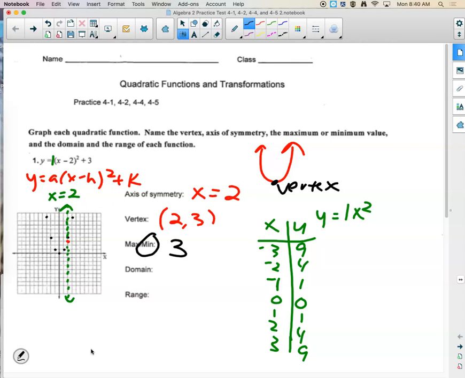I'm just going to leave it like that so that I don't have too much messing up my picture up here. And then we'd move it 2 to the right and 3 up.